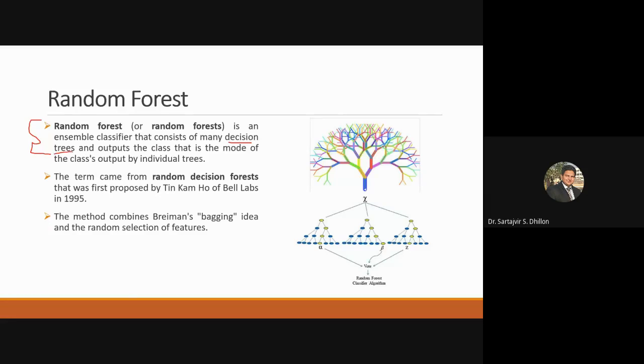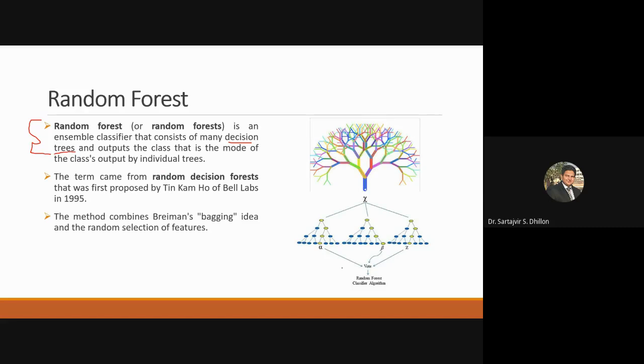So here you can see that this is just a collection of a number of decision trees, as we have covered in the previous lecture, and the output class is the mode of the class outputs by individual trees.